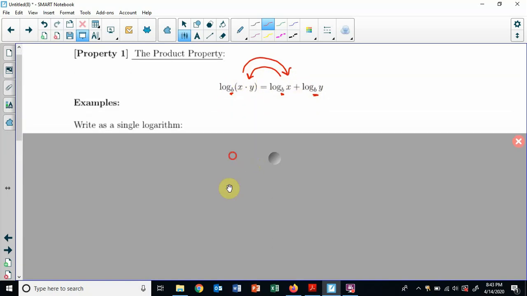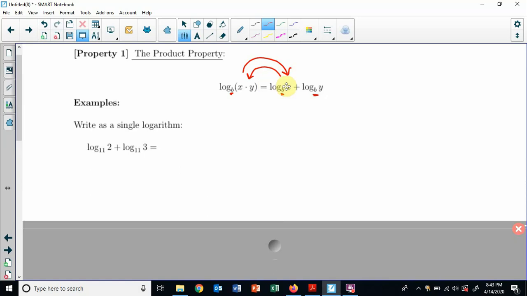So as far as examples go, here's our first example. Let's go this direction. Notice I have 2 logarithms being added. And what do you notice about the 2 bases? The bases are the same, right? Same base. So what that means is, since we're adding these 2 logs, the property says that I can put them in a single logarithm with the same base.